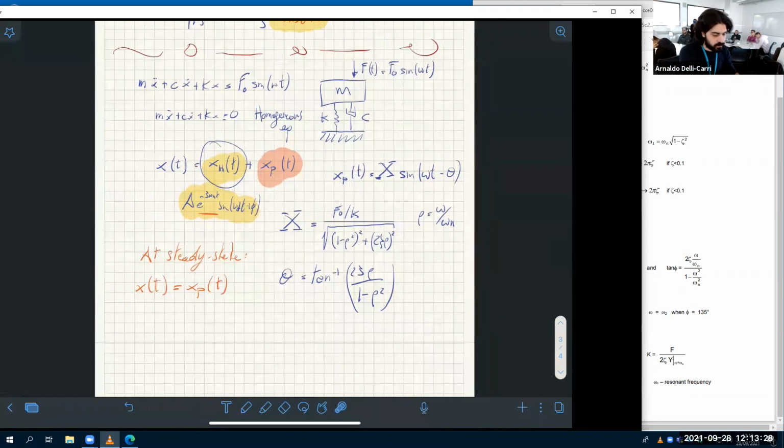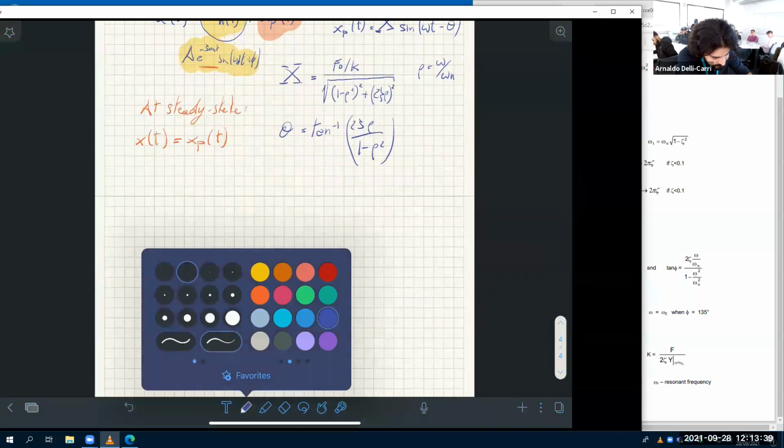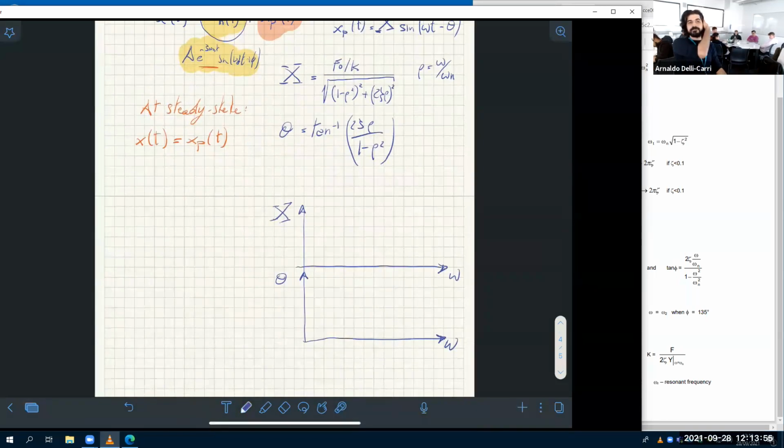Well, you might want to know what does this look like? So what does this look like as a function of omega? Well, if you have this as a function of omega, x and theta, how do they look like?